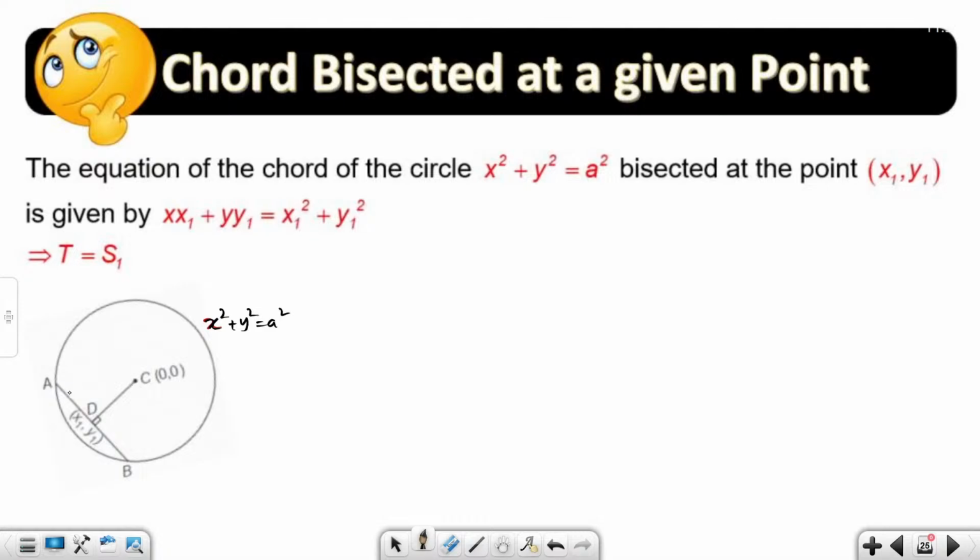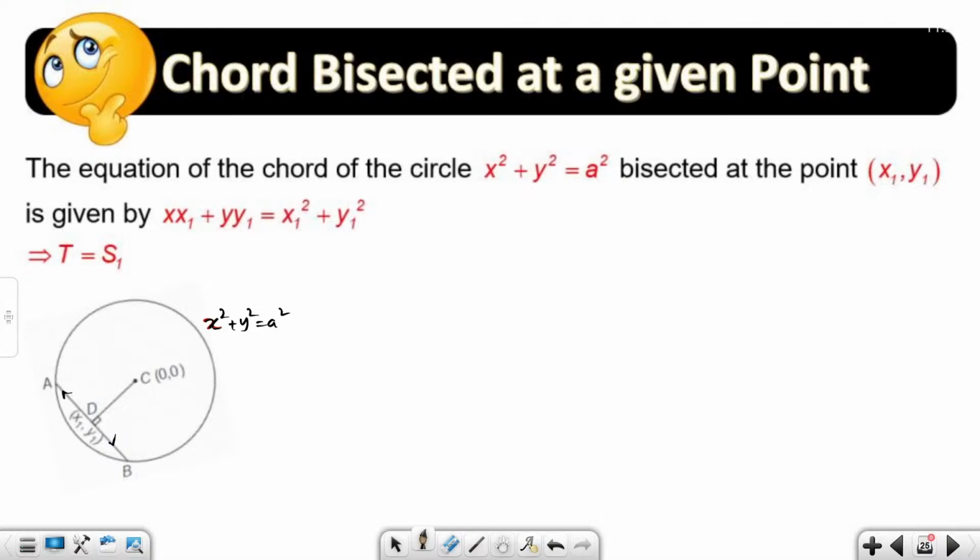And now I have to find the equation of a chord to this circle, where the chord is bisected at the point D according to this figure. Let us say the coordinates of the point D are x1, y1.